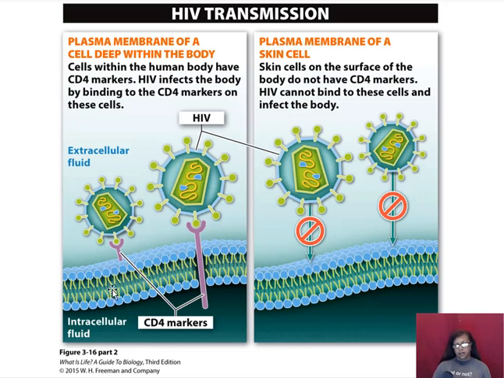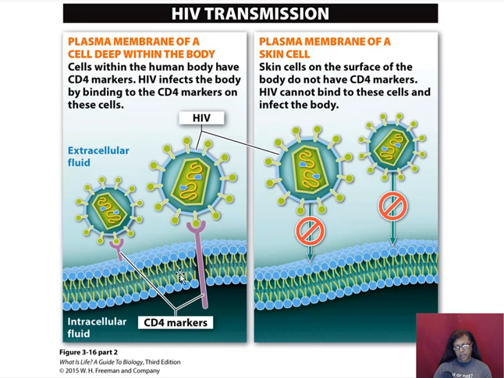Because here on the cell membrane, we have these CD4 markers, okay? And these CD4 markers are only on cells within certain regions of the body. So they're not on our skin cells, right? HIV infects the body by binding to the CD4 marker on these cells.